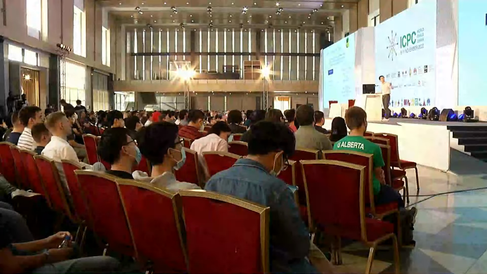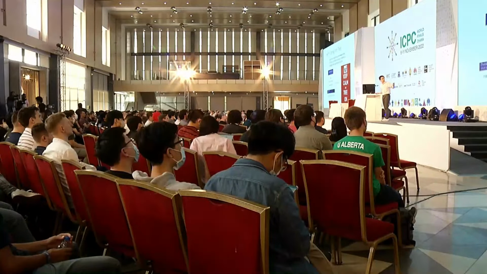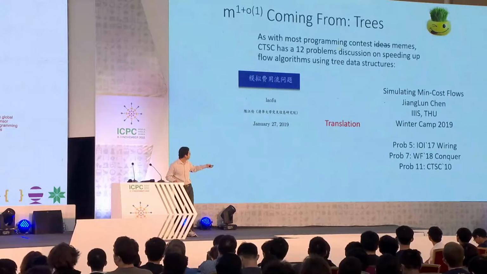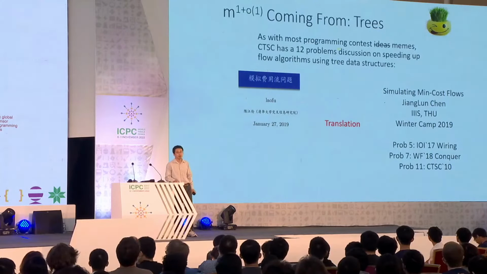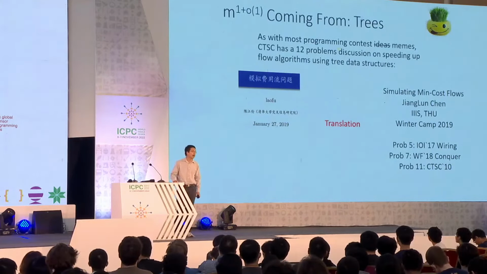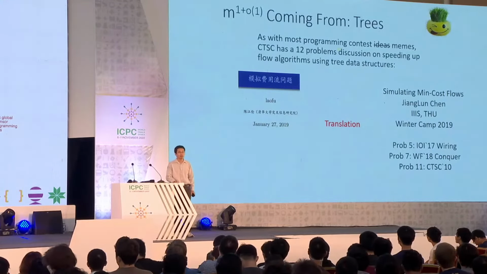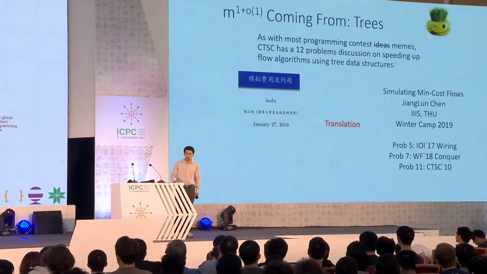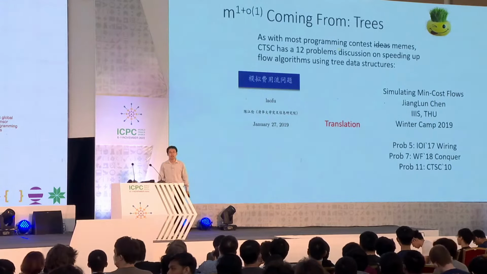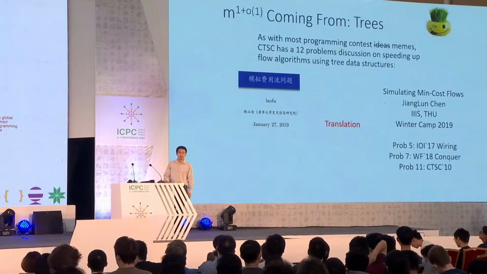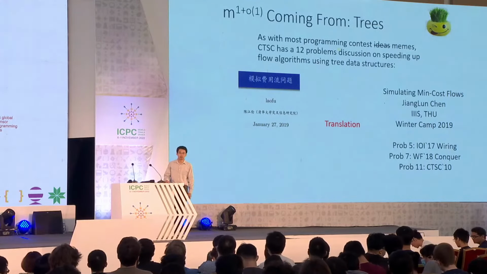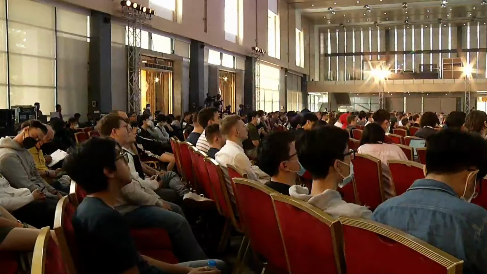There was a whole 13-problem study by Jiang Lun in Winter Camp 2019, where he talked about this whole concept that you can speed up min-cost flow algorithms by simulating all the augmenting paths using data structures. It covers a whole bunch of things, including IOI 17 wiring, the Conquer the World problem from World Finals 2018, and also the network flow with maintained-by-tree problem from CTSC 2010.